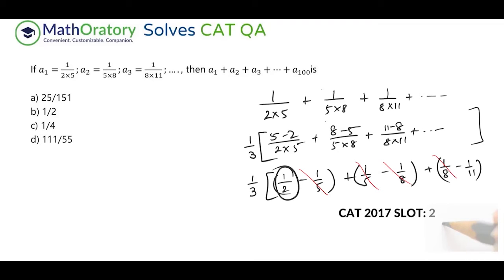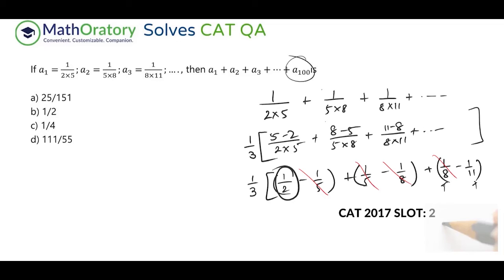Also notice that these values keep on reducing very fast, right? 1 by 8, 1 by 11, 1 by 14. So think about the 100th term, how small that value will be. So what I can say is this is approximately 1 by 6. In CAT, I'll detail that 1 by 6 bit once.